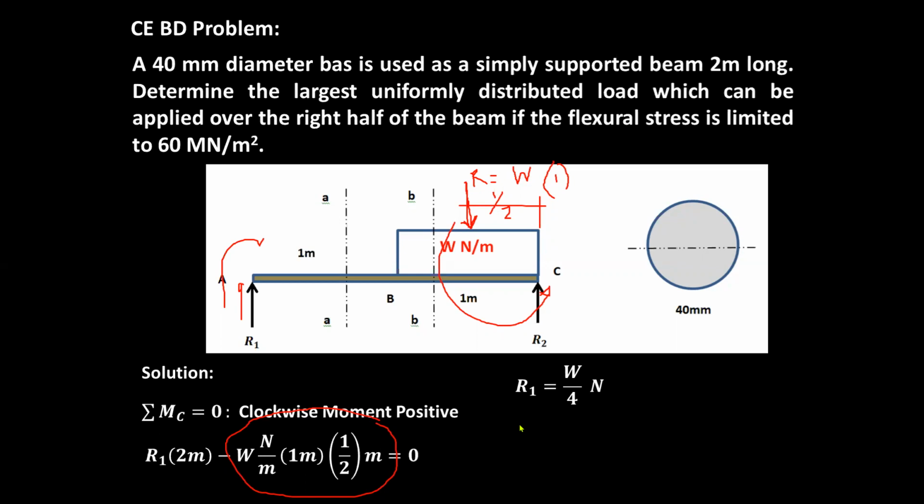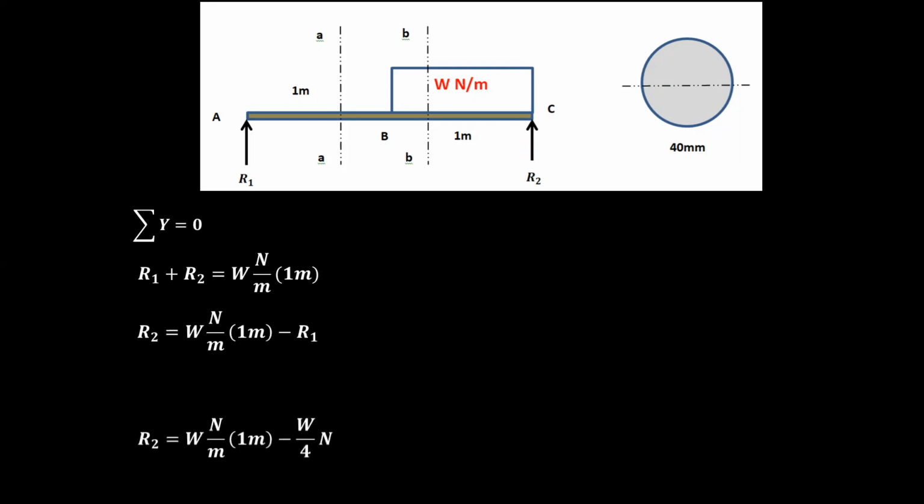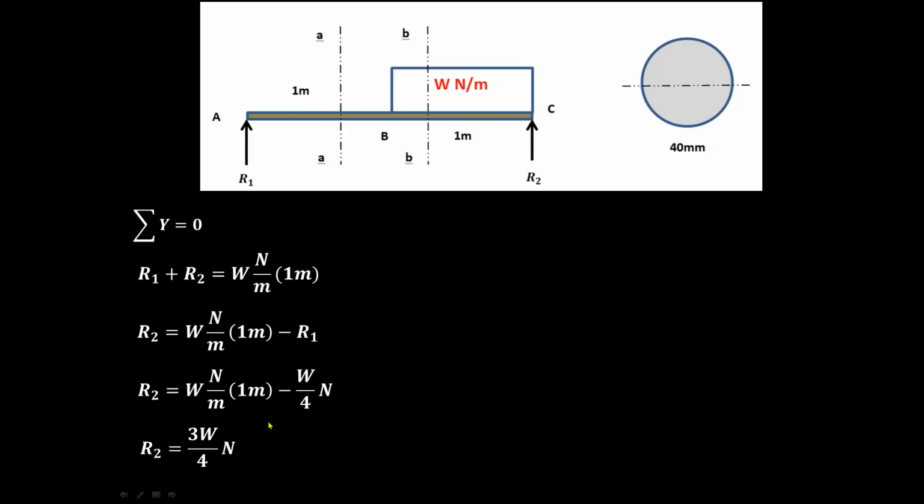And since we already have the R1 value, we can now calculate our R sub 2 by using the summation of vertical forces. So we solve for R2. The value of our R2 is, in this equation, 3W over 4 Newton, or 3/4 of the weight of the uniformly distributed load above. And the unit is Newton. So we already have R1 and R2.